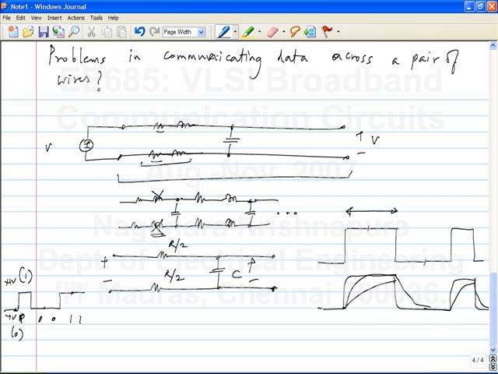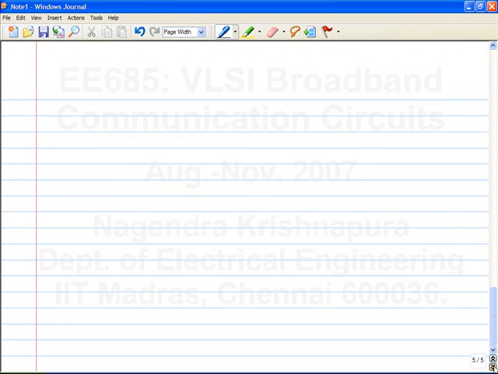Okay, so this figure is a little cramped. So let's re-examine the same thing, and this time I'll just transmit a single 1. This is 0, which is -1 volt, and this is 1, which is +1 volt.